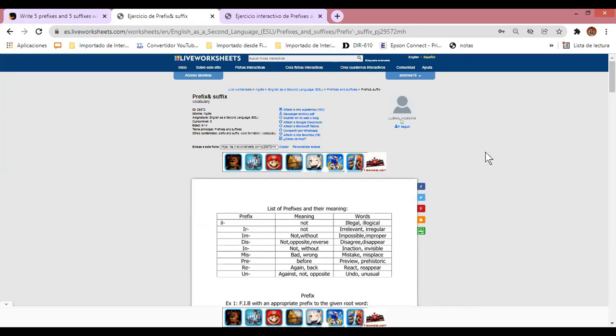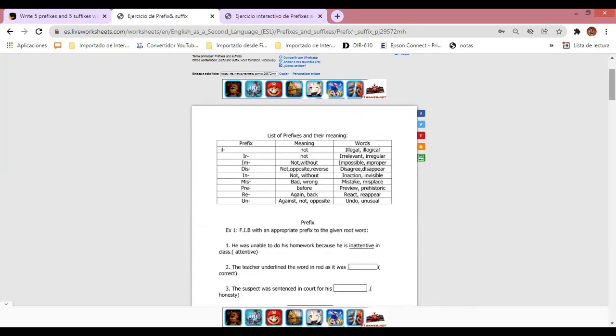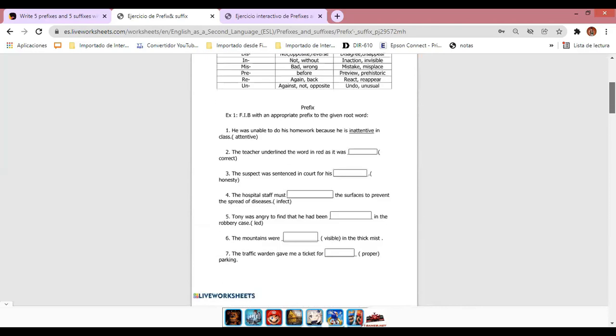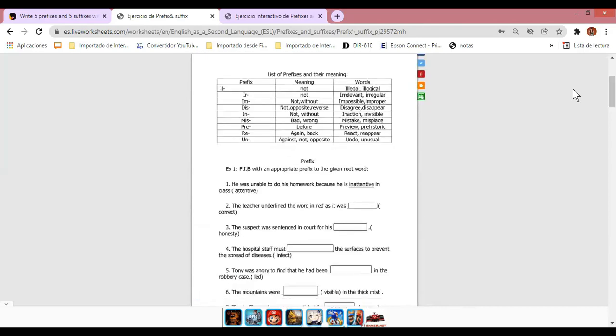Let's continue with the live worksheet. So, remember the list of prefixes and their meanings. Remember that a prefix goes before the word. For example, ill, the meaning is not.